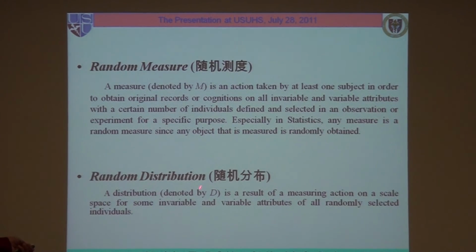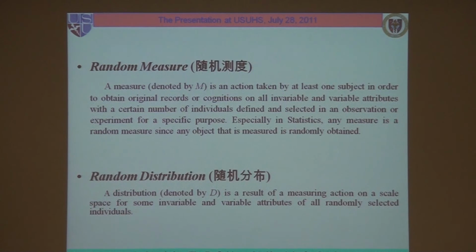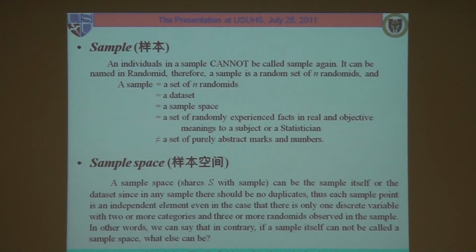Random measurement or random distribution, these are mathematical concepts. Everything in statistics is random measurement. Nothing is certain. So after we have the measurement, we have the random distribution for every attribute. Then sample.